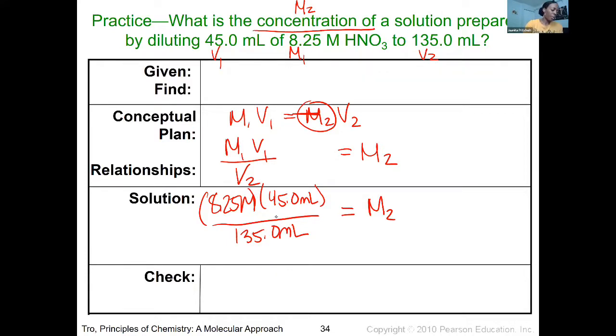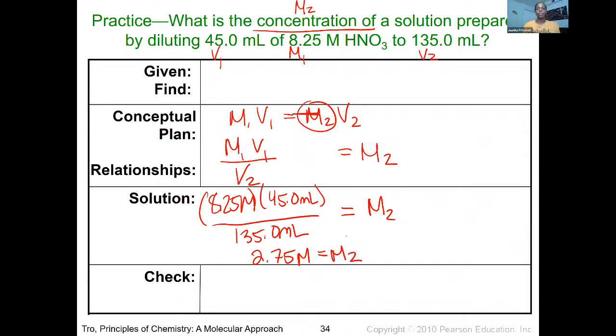So 8.25 times 45 divided by 135 gets us 2.75 molar as the new concentration when we dilute this substance.